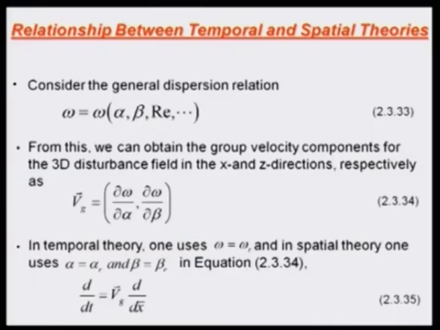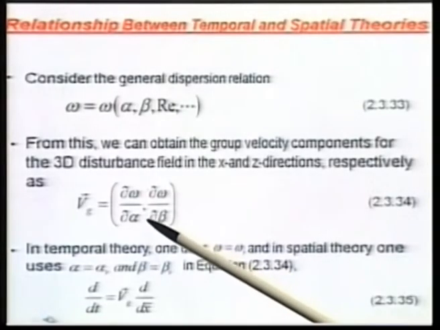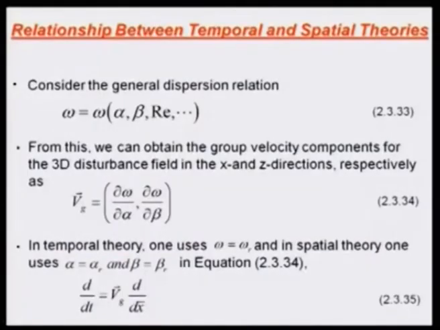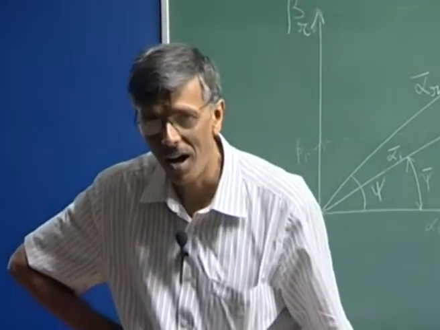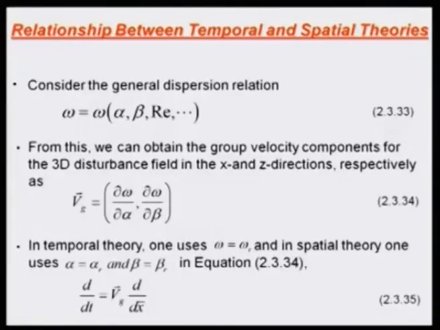When we differentiate with respect to alpha and beta, we are here talking about differentiating with respect to alpha r and beta r, the real part. The real part will help us define the group velocity, right. So, that is how we have to do.